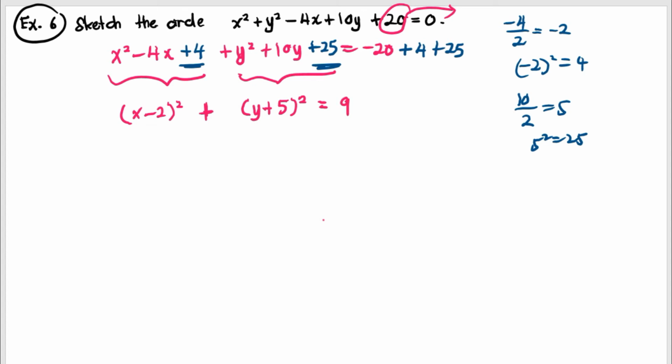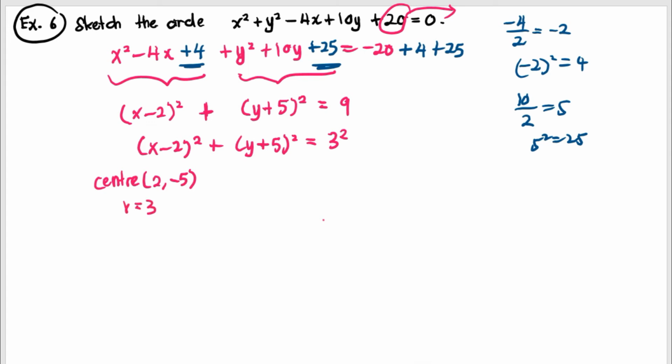So this is the circle, all right, with the center which is 2 and -5. This one y plus 5 square, and its radius is actually 3. So we have the center which is 2 and -5, and its radius is actually 3.